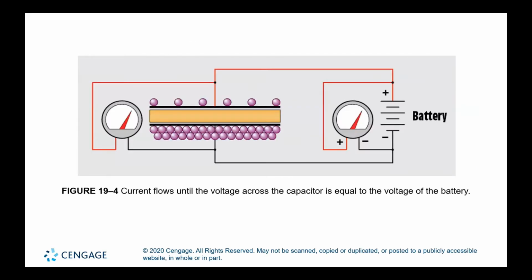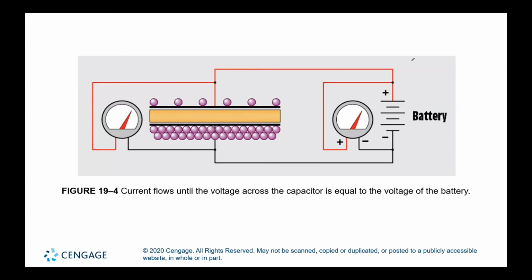Now, right at the beginning, when we start to charge the capacitor, if we had a voltmeter at the power source and another voltmeter at the capacitor, the capacitor would be reading 0, but over time it is going to charge.